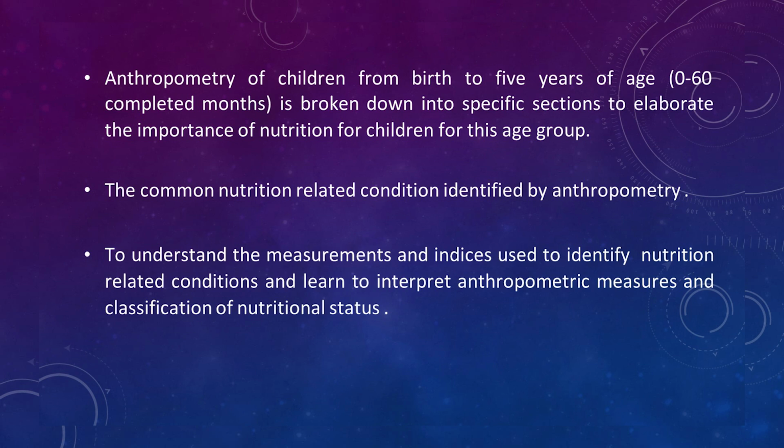Common nutrition-related conditions identified by anthropometry are kwashiorkor and marasmus. We learn the measurements and indices used to identify nutrition-related conditions and to interpret anthropometric measures and the classification of nutritional status. So this anthropometry helps us in the diagnosis of malnourishment, overnutrition, obesity and overweight children.